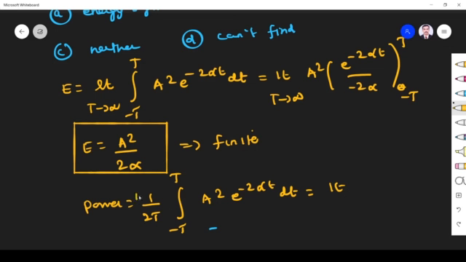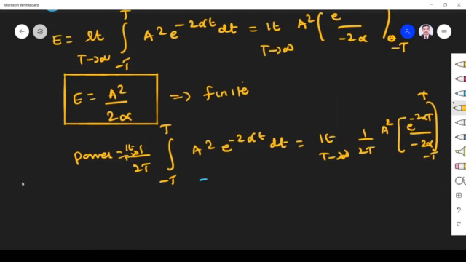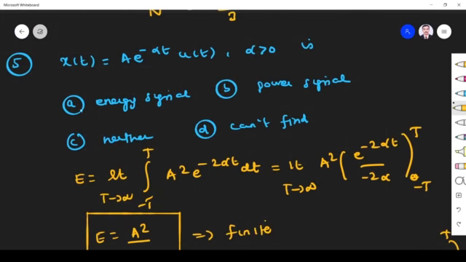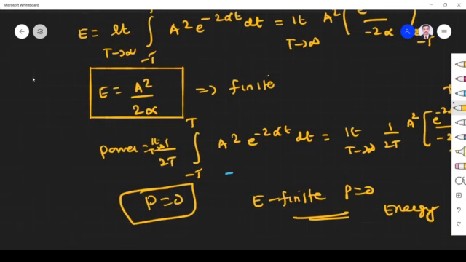So 1 by 2T, a squared will be constant, so integrate it, e power minus 2 alpha t divided by minus 2 alpha, limit varies from minus T to plus T. If you substitute, what you get is power is 0. So from this, what you are understanding, energy finite, power 0. Energy finite, power 0 means it is an energy signal. So the signal is an energy signal, right?